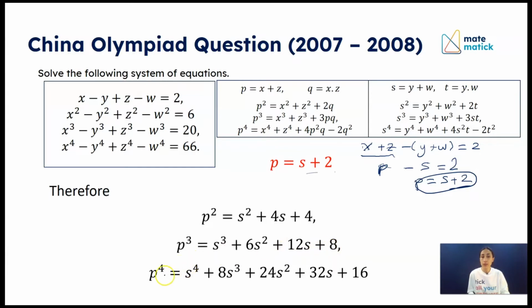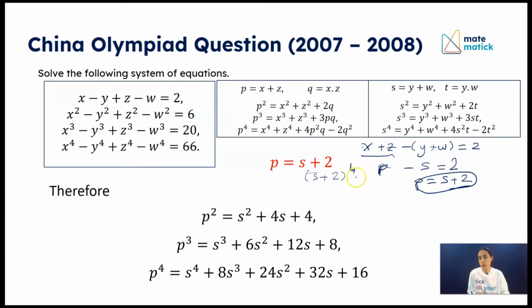And p to the power of 4 is equal to s to the power of 4 plus 8s cubed plus 24s squared plus 32s plus 16. It is just simple binomial expansion, for example for p to the power of 4, s plus 2 to the power of 4.